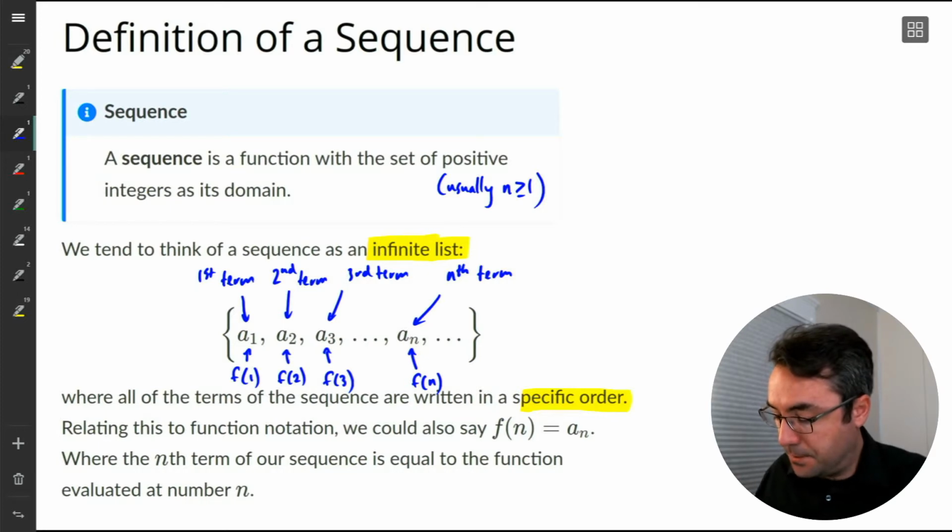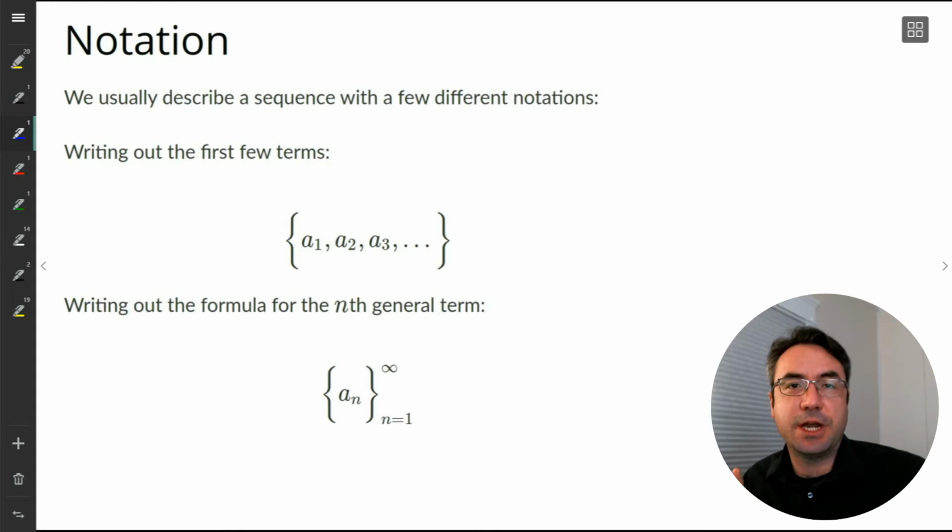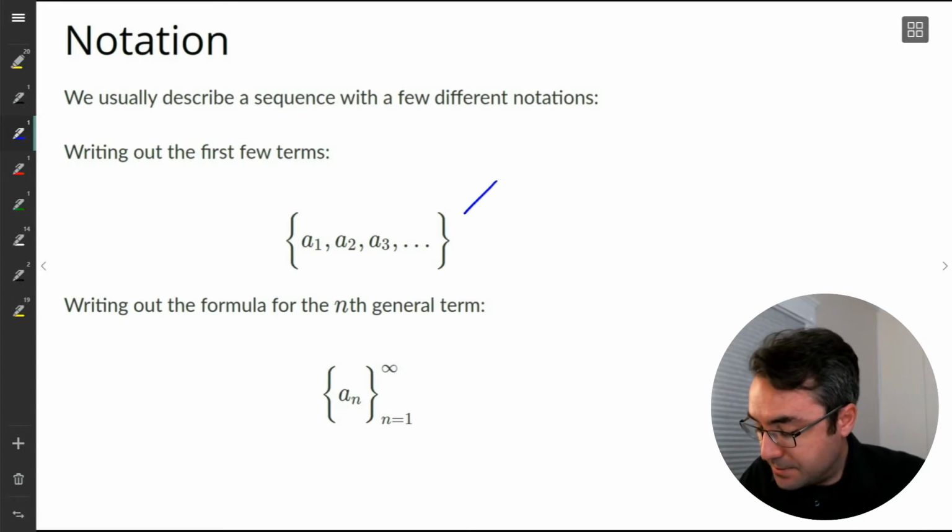All right, so what is our general notation here? We have a few ways that we commonly use to represent a sequence. Two we're going to be using primarily use these curly brackets.